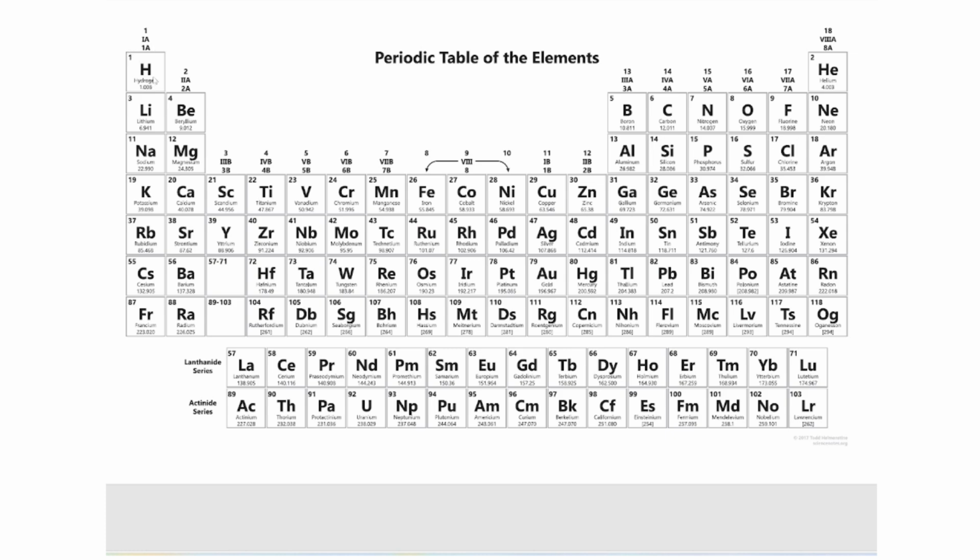So we have hydrogen, which can be connected to some elements like carbon. We can also find hydrogen connected to nitrogen. So hydrogen, nitrogen, carbon, oxygen, sulfur, phosphorus, these are all found in the human body or in living systems.